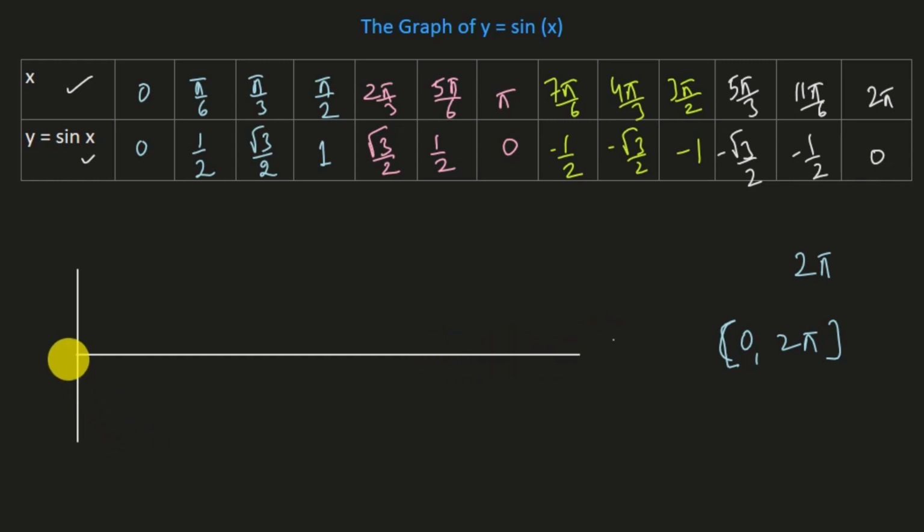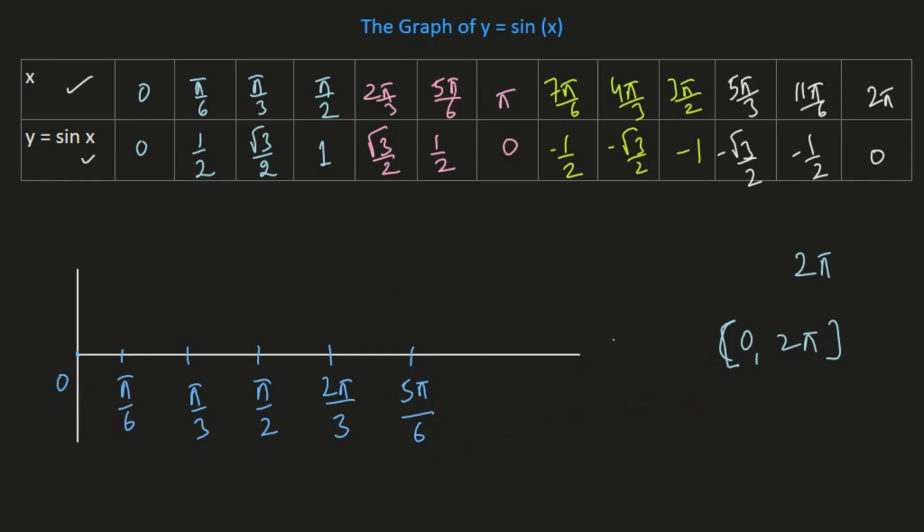Now here we have 0, then pi by 6, then pi by 3, then pi by 2, then 2 pi by 3, and then 5 pi by 6, and so on up to 2 pi.